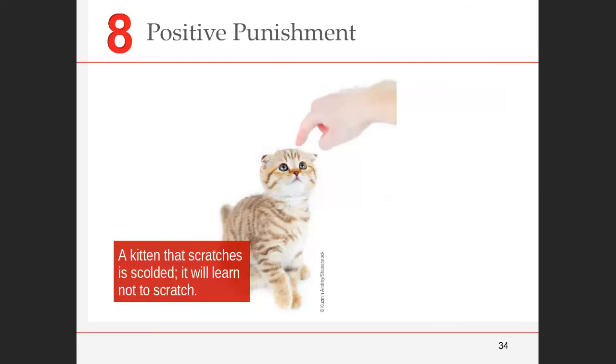Here's an example of a punisher. If you scold a kitten for scratching on the furniture, hopefully that's going to make the kitten stop scratching the furniture. One of the issues that Skinner had with punishment is that he really thought that you shouldn't do that.